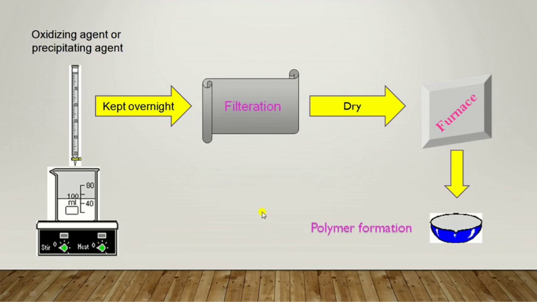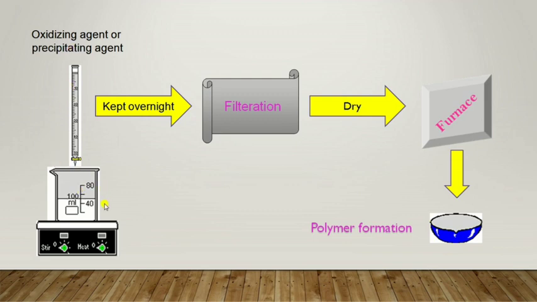Here is an example of the co-precipitation technique. Here is a stirrer, and we have taken a beaker. In that beaker we have dissolved a solvent and a reducing agent, and we are also adding a capping agent, or a reducing or oxidizing agent.